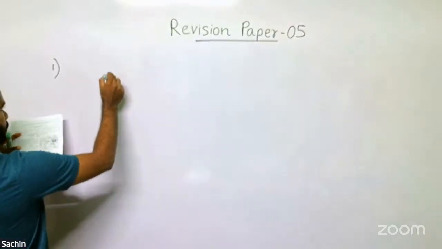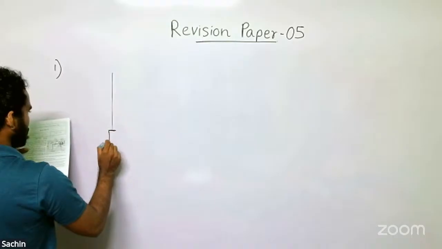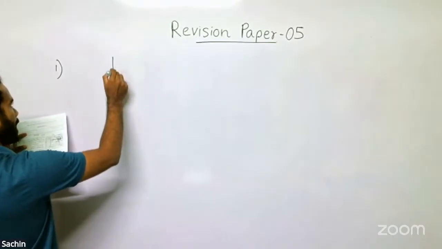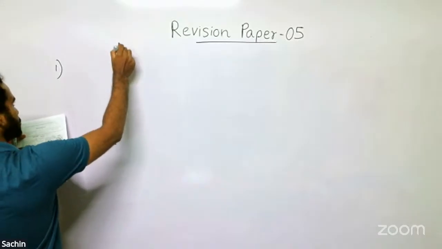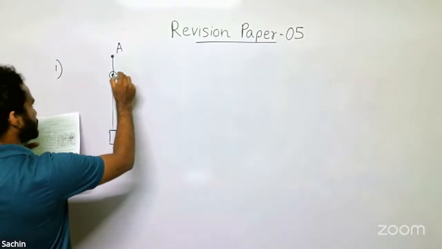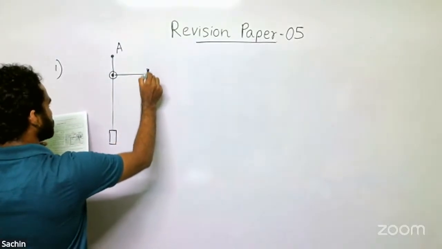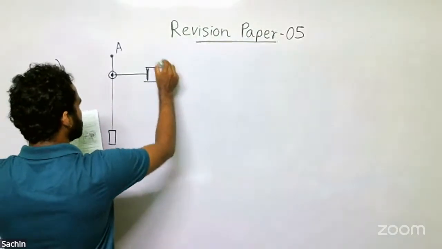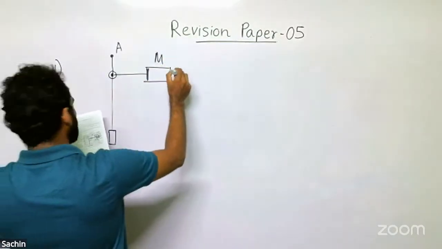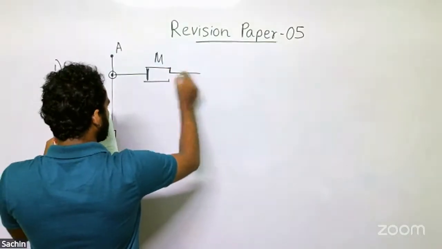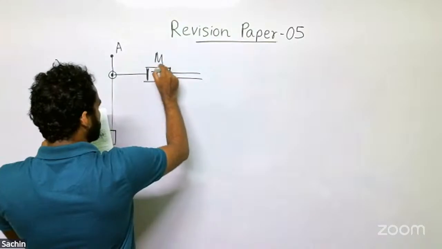I'm just drawing what I want. There's the pedal, and this is rotating around this axis A. This diagram is already marked, and this is going to another piston which is connected to the master pump at this end, and through the master pump, the braking liquid will be transferred.